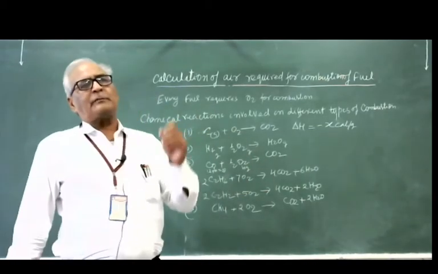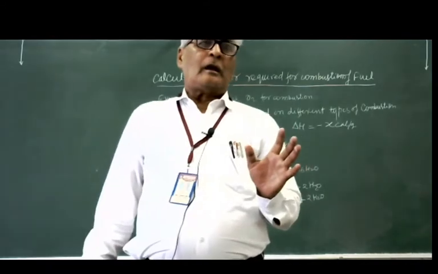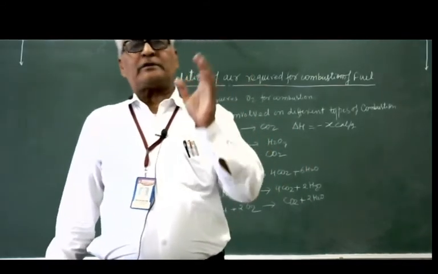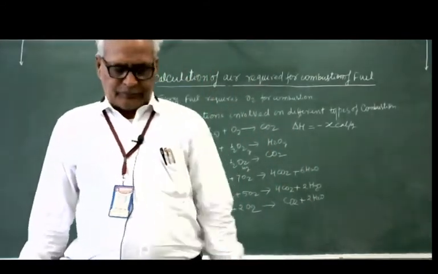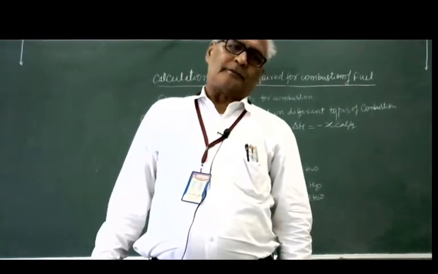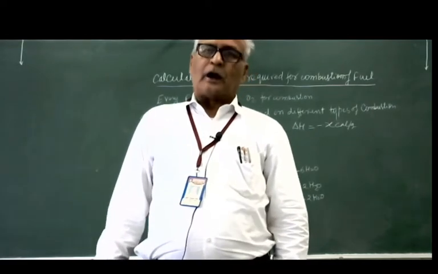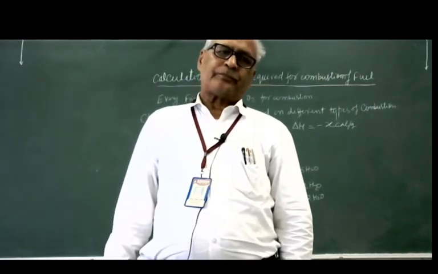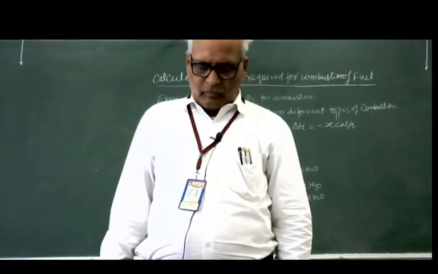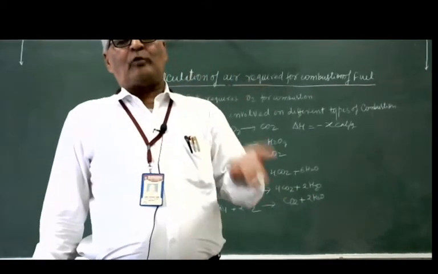So these are the chemical reactions which help in the calculation of the air required for the complete combustion of the fuel, whether the fuel is solid or fuel is gas. So we shall consider one by one.